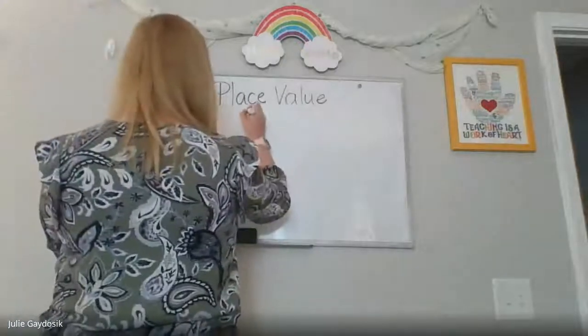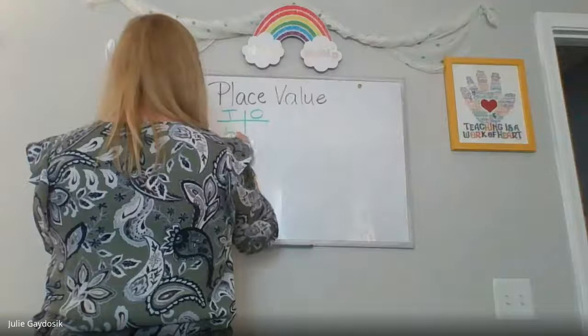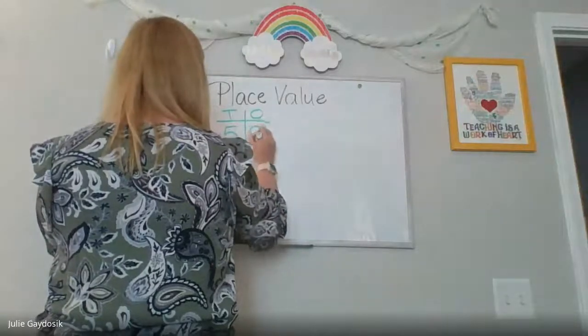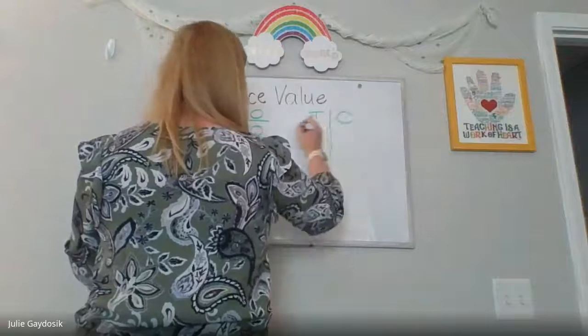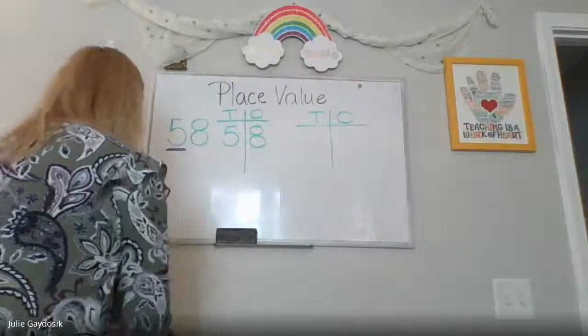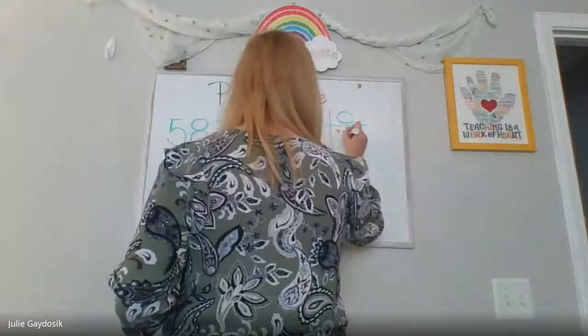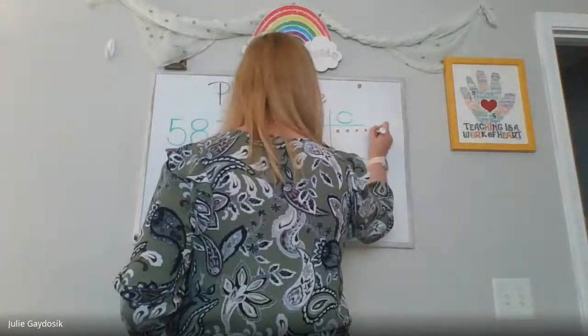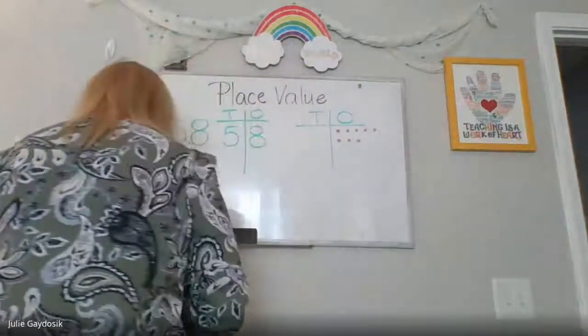So if I write my number in a tens and ones chart, and I'm also going to draw it using tens and ones, I can do my ones first: 1, 2, 3, 4, 5, 6, 7, 8.